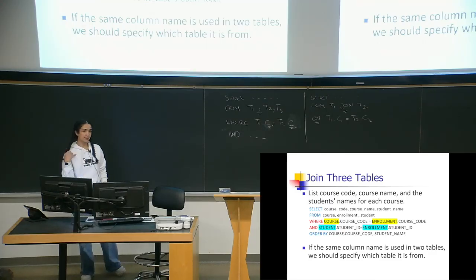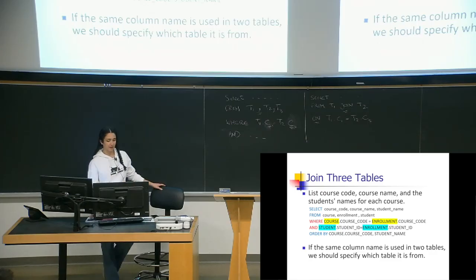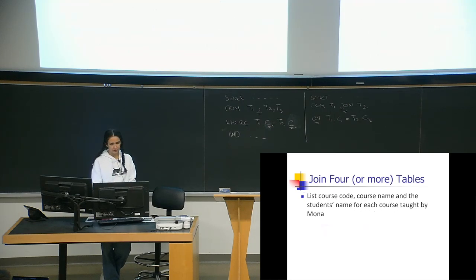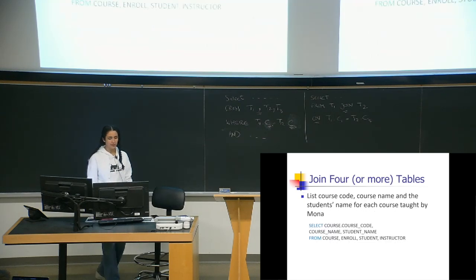Okay, so in the select statement, now course code is only in the course table, right? So we don't need to mention the table for course code in the select part, right? Similarly, course name is only in the course table, so we don't need to specify that. But if there is a column that is in both tables, you have to specify. And I think we have an example with that, like here, right?